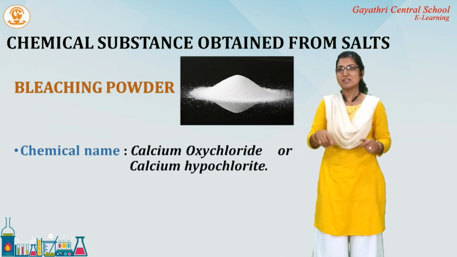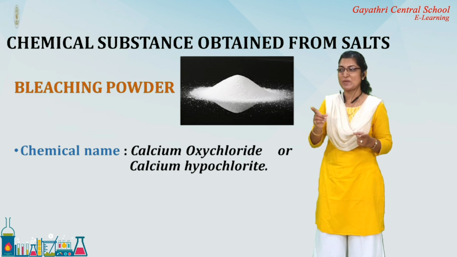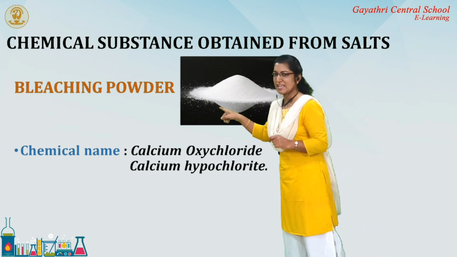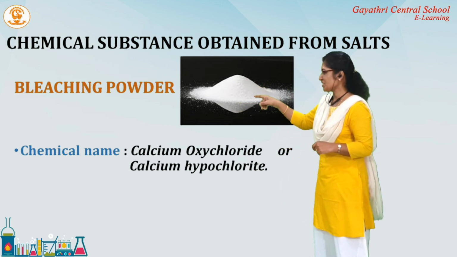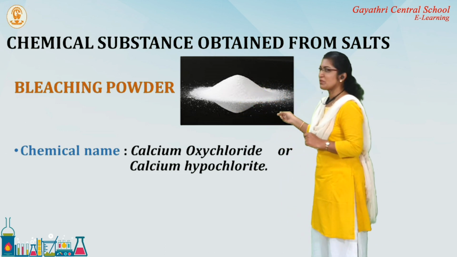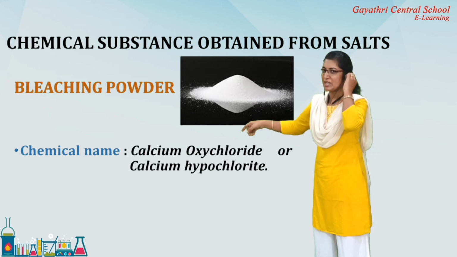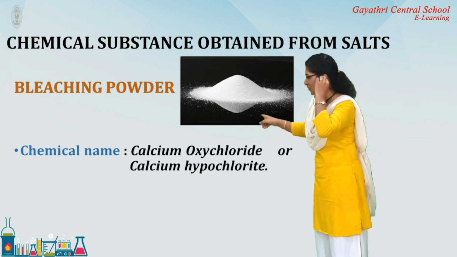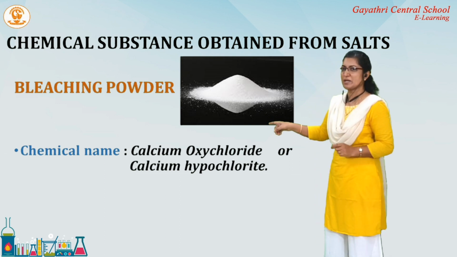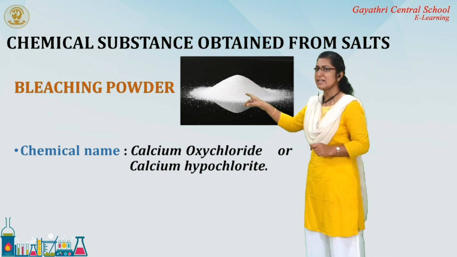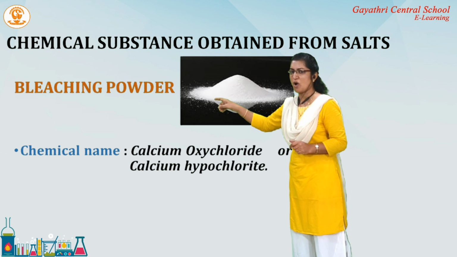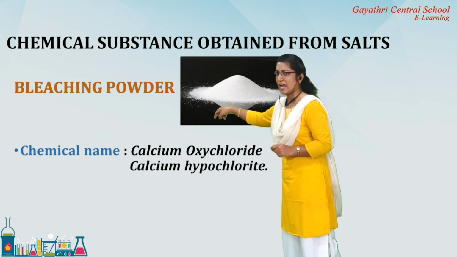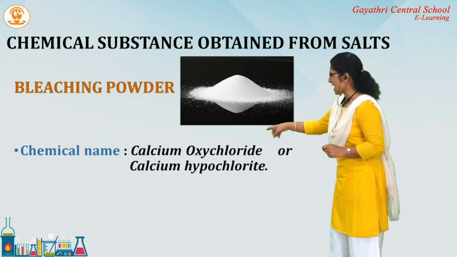Bleaching powder. So what is the chemical name of bleaching powder? It is calcium oxychloride, or you can also call it calcium hypochlorite. So that is the chemical name of bleaching powder: calcium oxychloride or calcium hypochlorite.